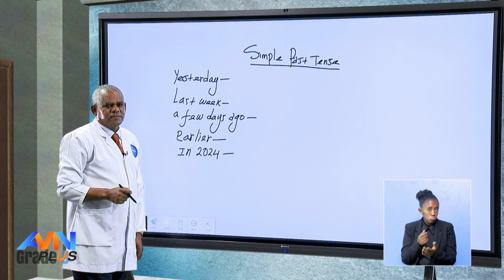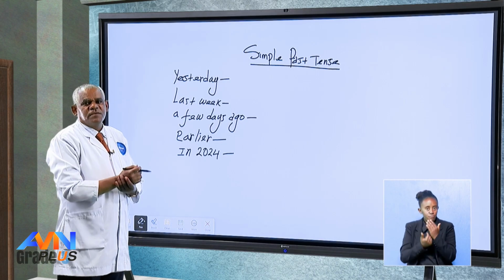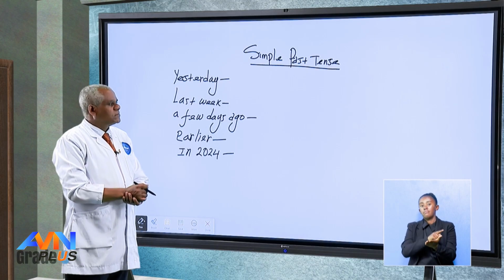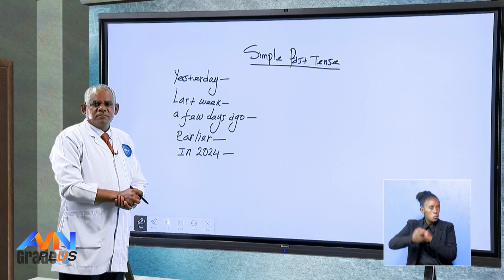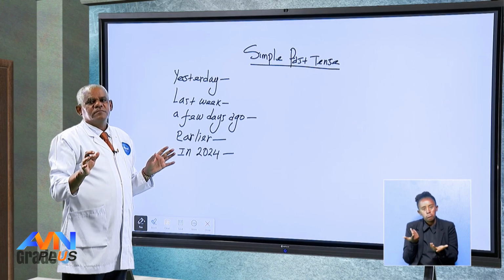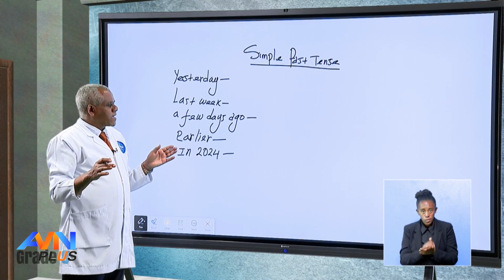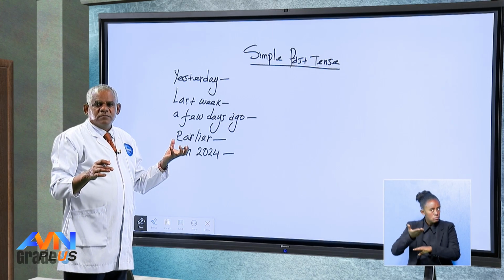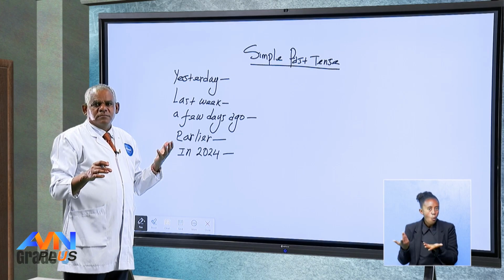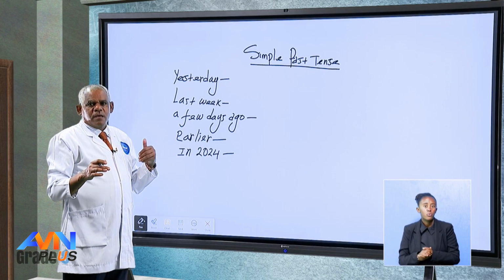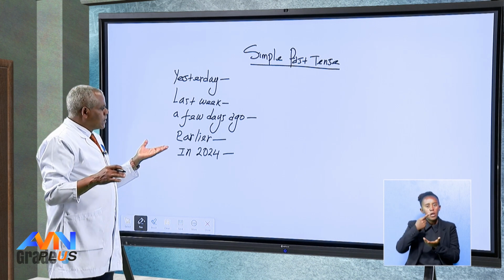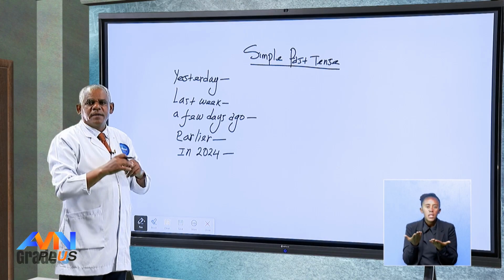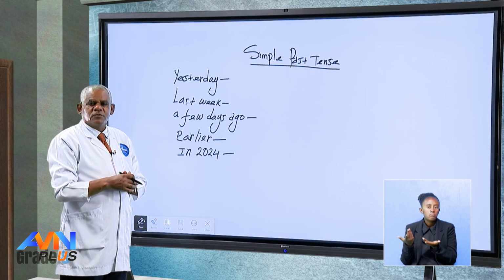Yesterday means it's obvious that we are talking about the previous time. Last week is similar to last month, last year, last time, last period, etc. A few days ago, two days ago, three days ago, four days ago, five days ago, a month ago, etc. Earlier means something that is behind us, it has passed, but I'll show you with sample examples.